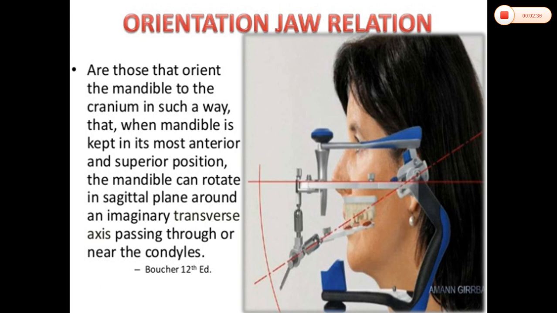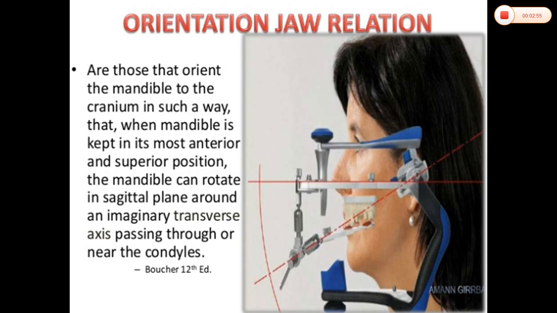So this relationship of the mandible to the cranium, where the movement of the mandible happens around the imaginary axis in the sagittal plane, is known as orientation jaw relation.